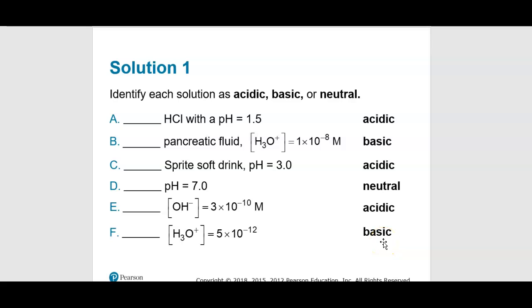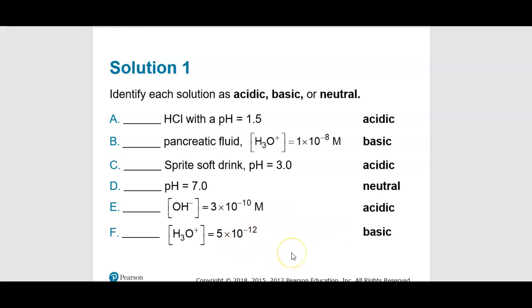Notice what they did there with those last two. They were maybe not really trying to fool you, but seeing if you understood the ionization constant of water. Because hydroxide ion is basic, but the concentration of hydroxide ion in water gives you information about the hydronium ion concentration of water, which is actually what defines whether it's acidic or basic.